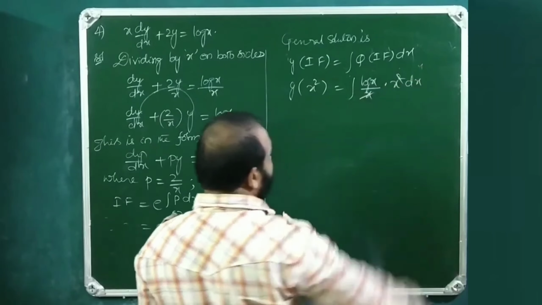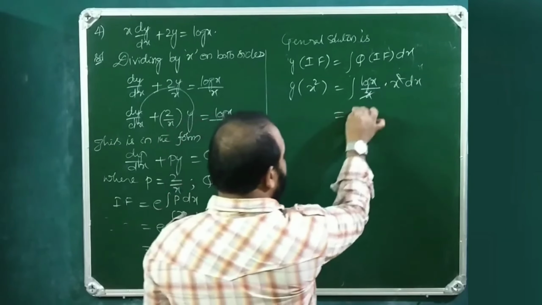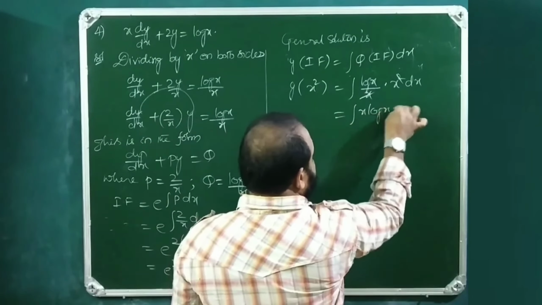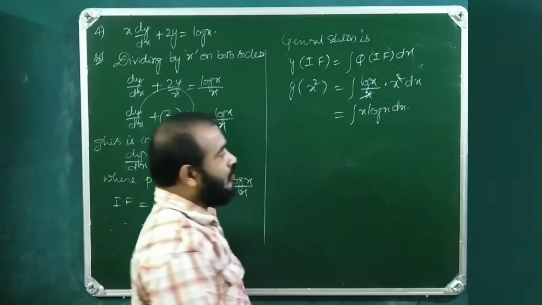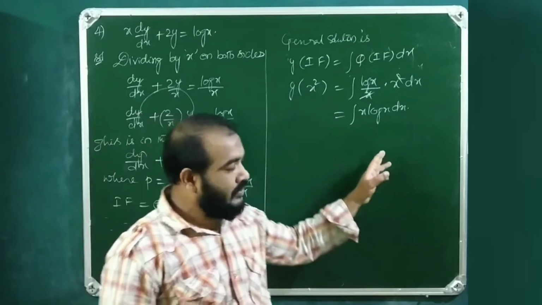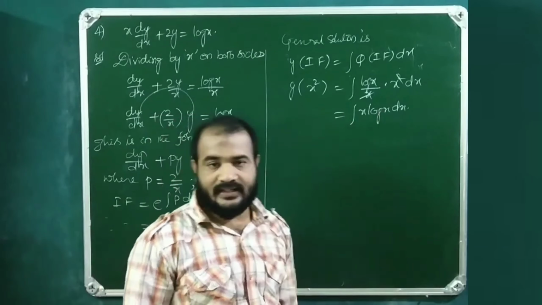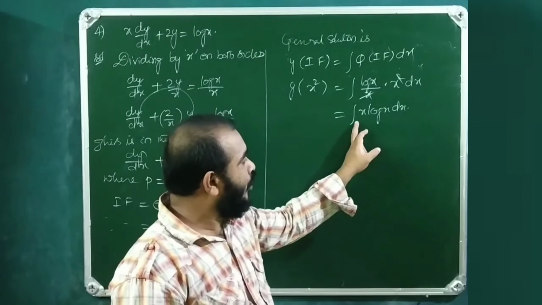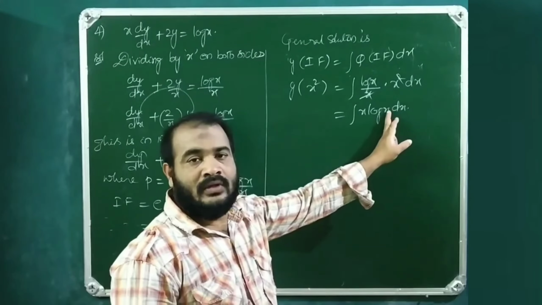So this x and this x get cancelled. This is integral of x log x dx. You might be knowing how to integrate this.